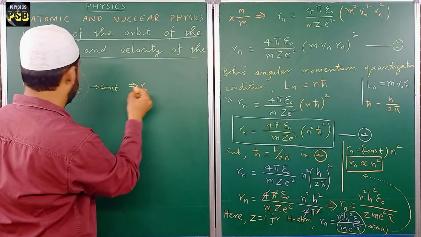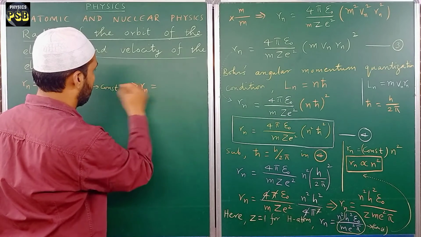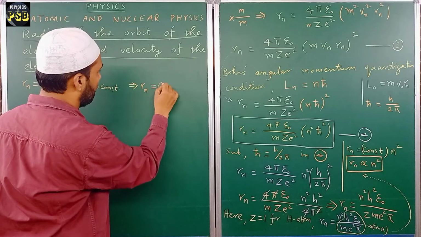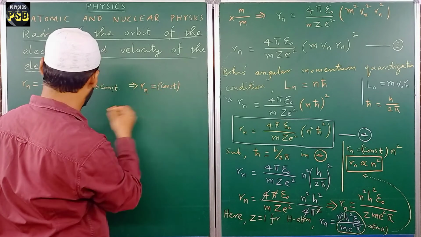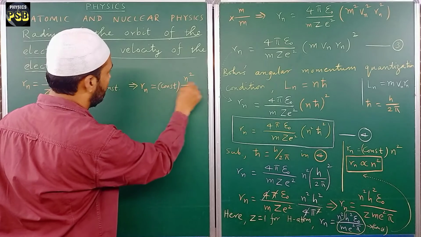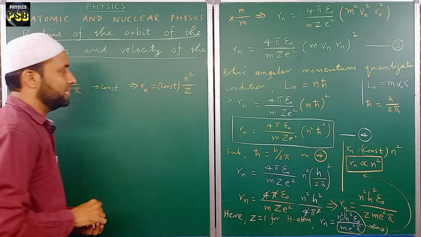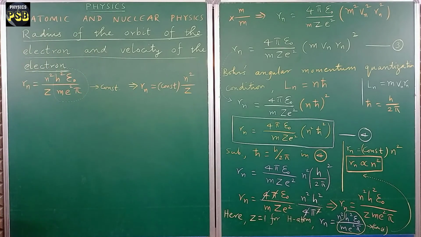Rn equals constant. What remains is n square upon Z. Well, I told you I am going to name this constant a naught.